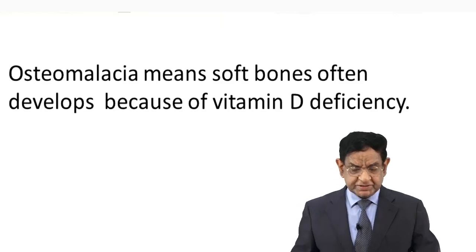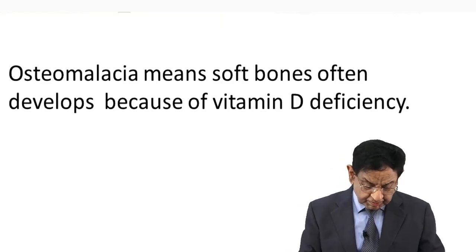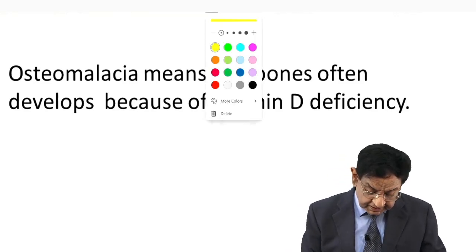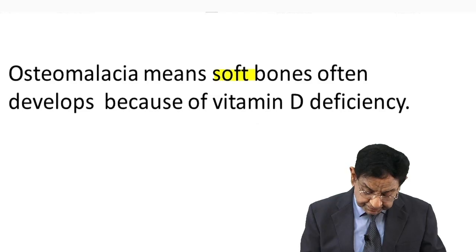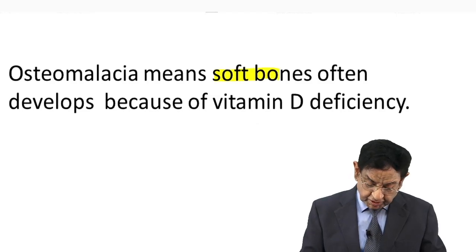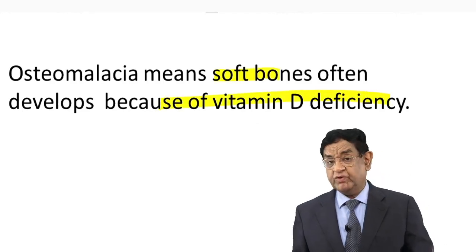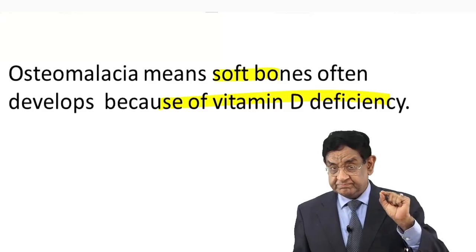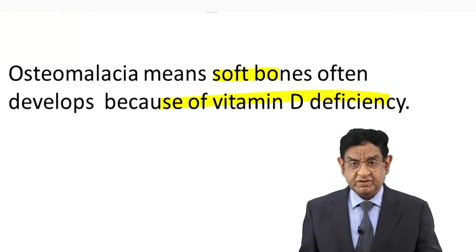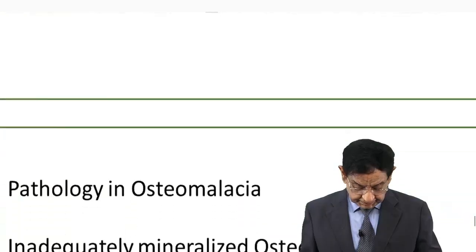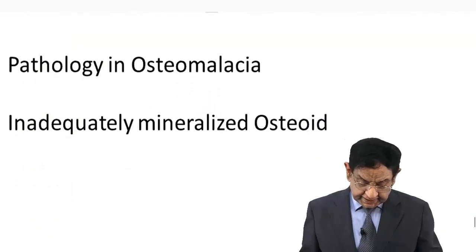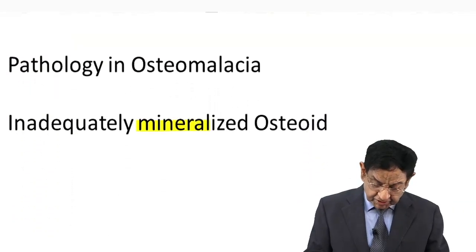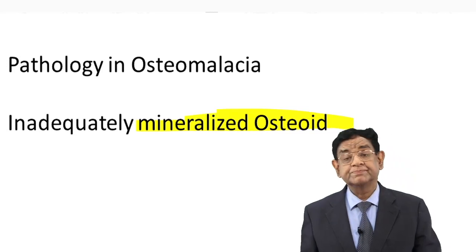Again, the point I mentioned here: osteomalacia actually means the bone is soft because of vitamin D deficiency. Why? There is defective mineralization of the bone. Pathology: inadequate mineralization of osteoid.